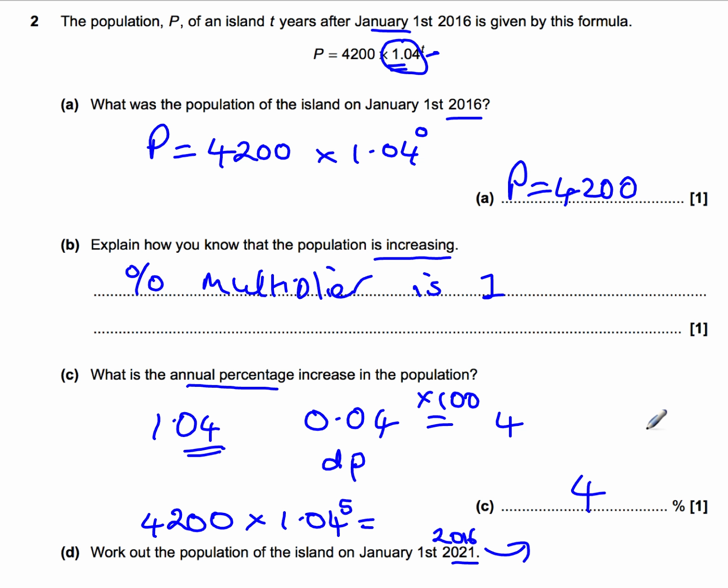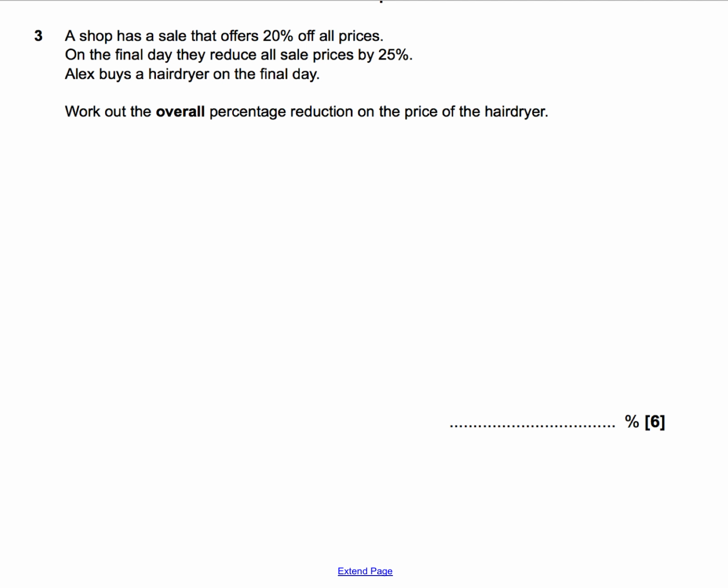That should give us 5,109.9, but as we're dealing with population, we want to round that to the nearest whole number, so that will round to 5,110.